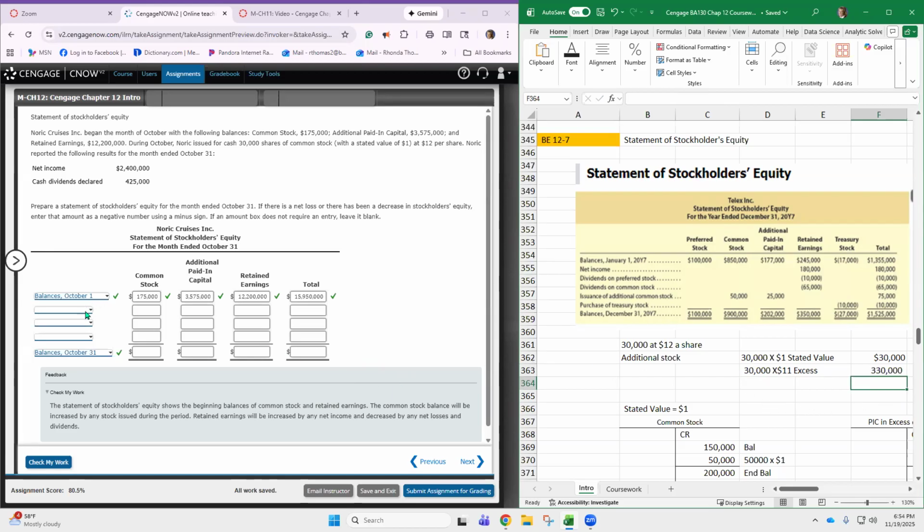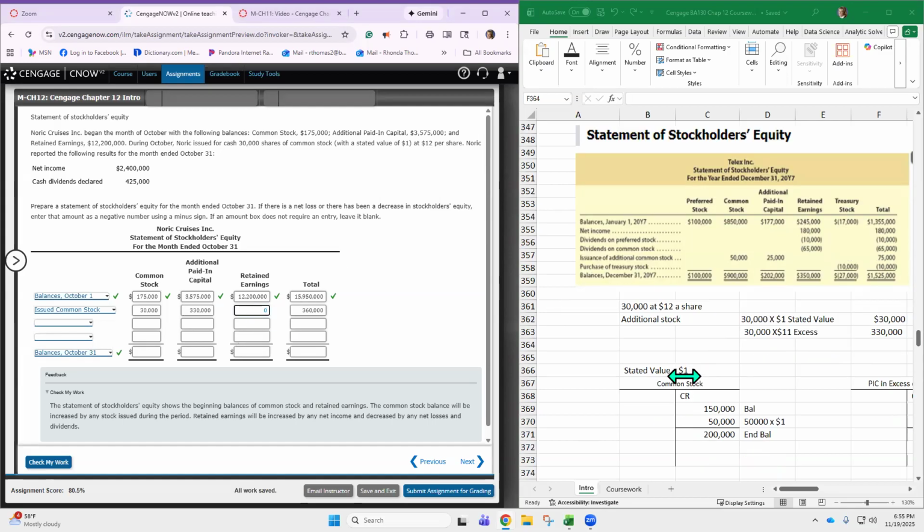So let's do additional common stock. The additional is 30,000 and the extra is 330,000. We just go across and add that together, so it's 360,000 additional stock. Stock doesn't go into retained earnings. One more time: common stock had a balance of 175,000.